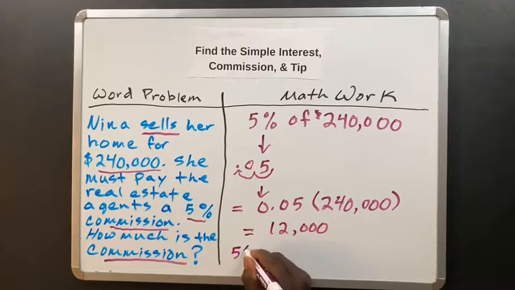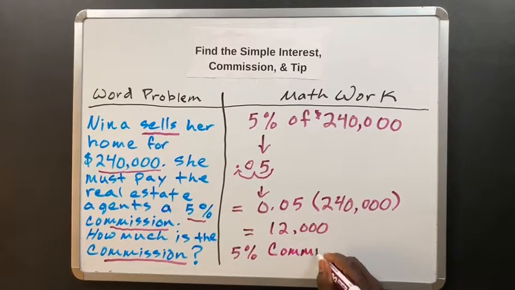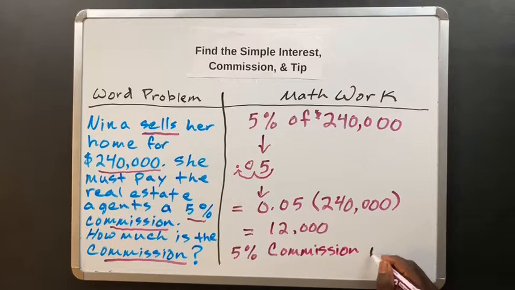We say 5% of, we're going to say the 5% commission is $12,000.